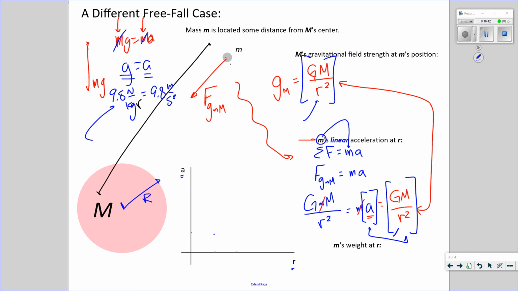If you double r, then a gets not half as big, but 1/4 as big. So we go down by 4. So here's another data point. And then if this r were to get cut in half, a gets 2 squared times bigger, so 4 times bigger. There was a, there's 4a. So here's another point up here. And what we get is this pretty sharp curve that doesn't go back up.